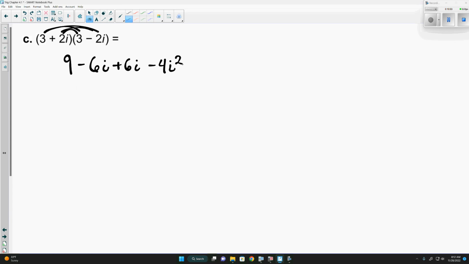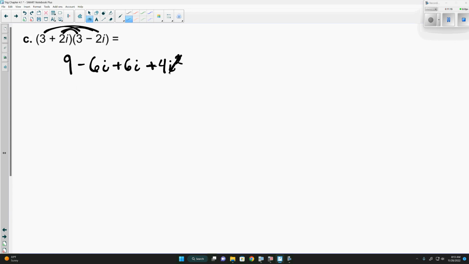So really what the i squared is doing is it's really just changing that sign from negative to positive or positive to negative, because i squared is just negative 1, and negative 4 times negative 1 is just going to be positive 4. So whenever I see i squared, I normally cross it out and change the sign of the number.